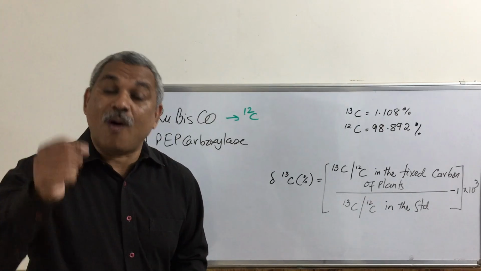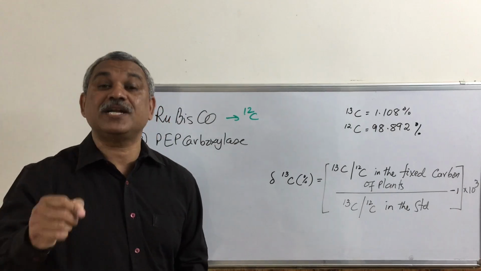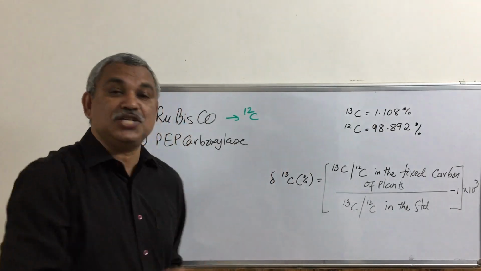So what is the ratio of the carbon dioxide fixed based on these isotopes?